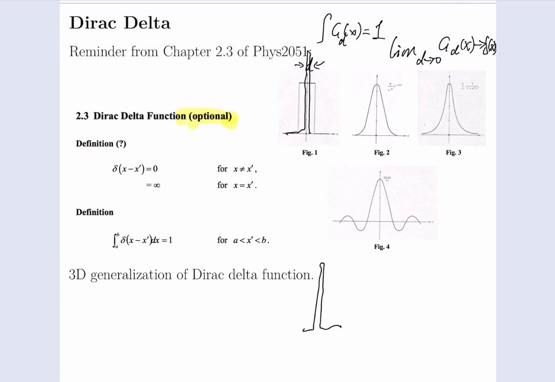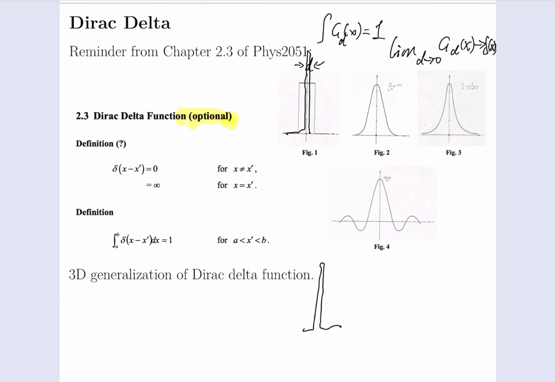And so you can see that here on the 2051 notes. Even if it's optional, you might still be able to look up the notes. Here for this delta function, again it's similar, right? This delta of x minus x prime is 0 everywhere, except at this x prime position where it's infinite.